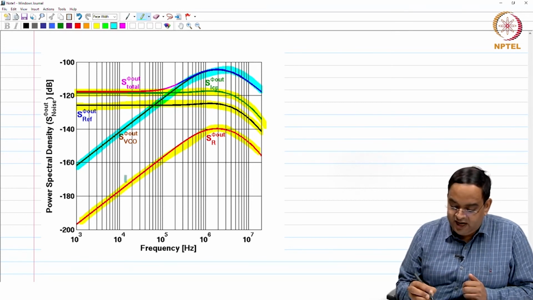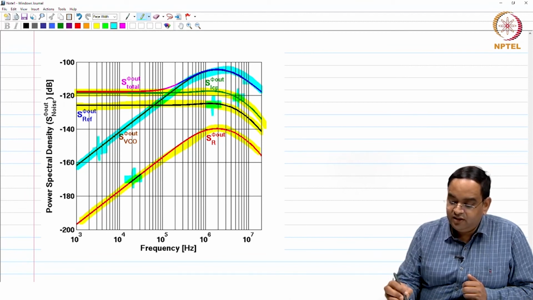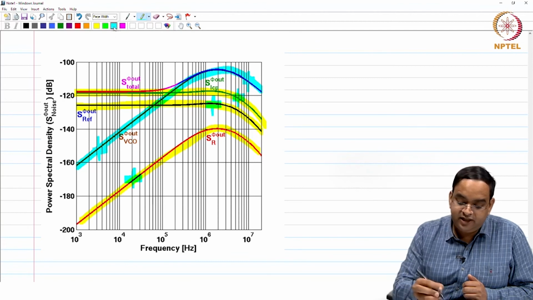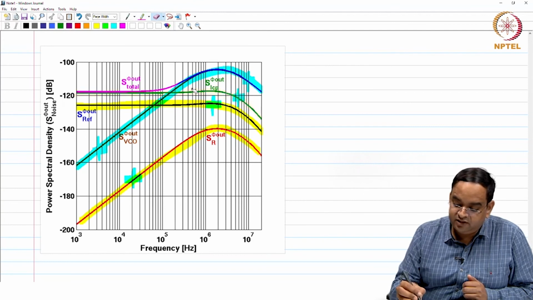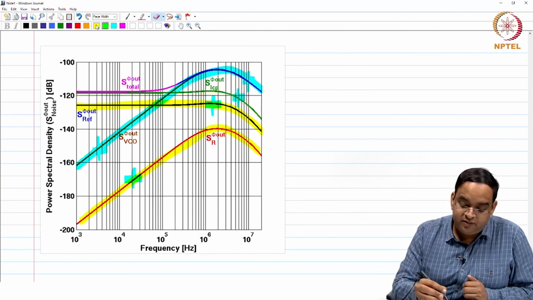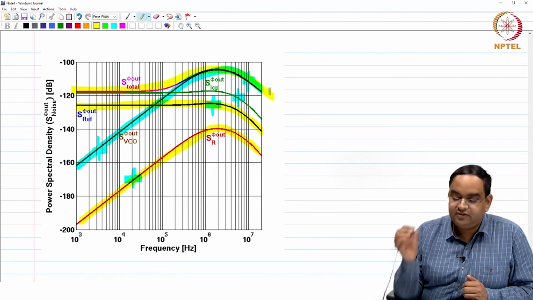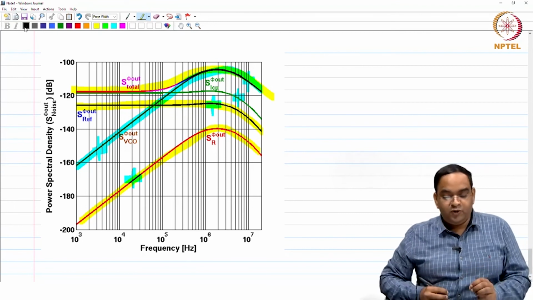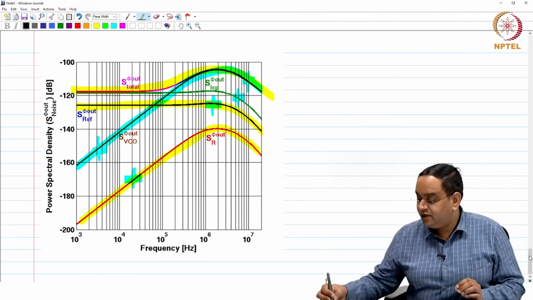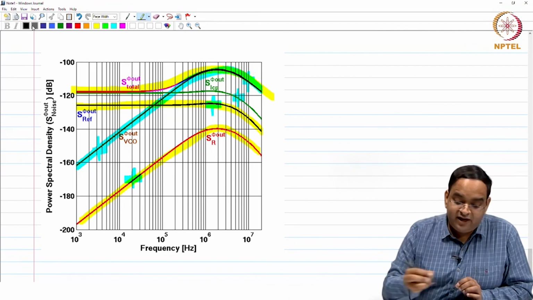And then we add up all these noise sources, and the final resultant noise is shown to you. Let me just erase this part, so that it becomes a little clearer. So, the final output noise, you add all these terms, and the final output noise is this. When you have the final output noise power spectral density for the phase, what do we have effectively?